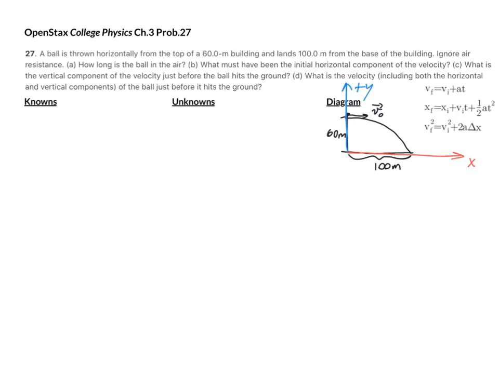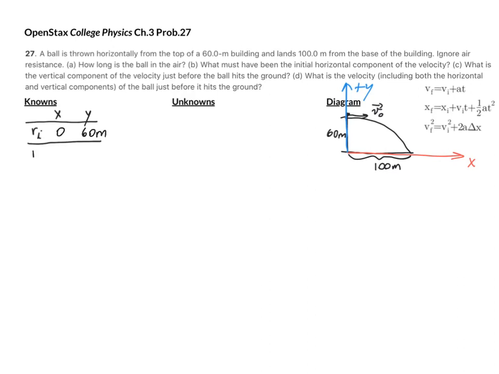Let's try to organize all of this in a table. So we want to have our x and y components. I'm going to write them here like that, and I'm starting out with the position. The first thing I want is the initial position. The object starts up here, so the x is 0, the y is 60.